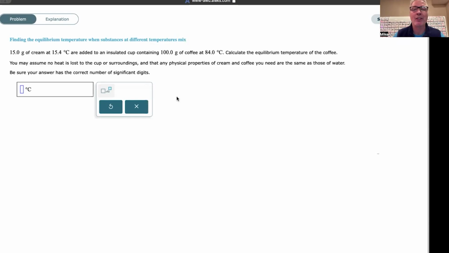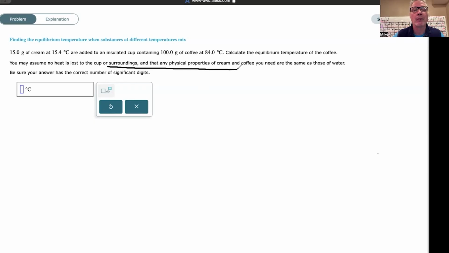Now, they didn't give us the specific heat capacity of cream, so they're taking a wild leap here. They're saying, let me read this, no heat's lost to the cup or surroundings, which, to be honest with you, styrofoam cups are not cool nowadays. It's got to be paper.